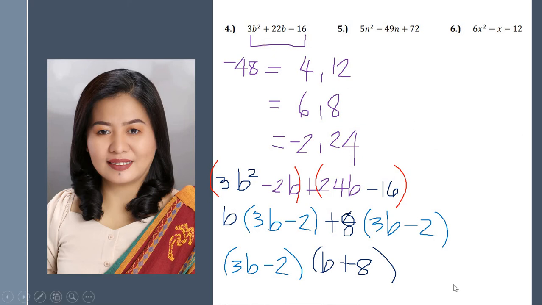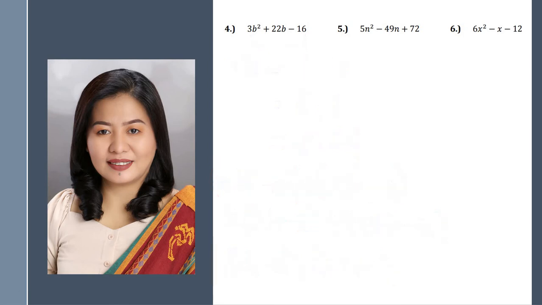Now we have number 5. For number 5, we have 5 and 72. So that would be 360. So 360, so it's positive. So that's not much of a problem. 360, correct?